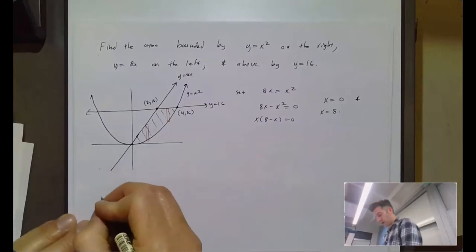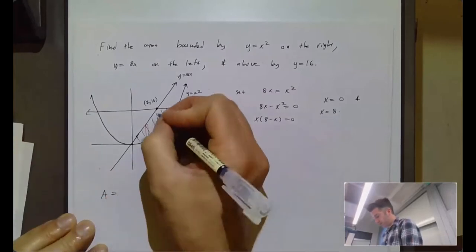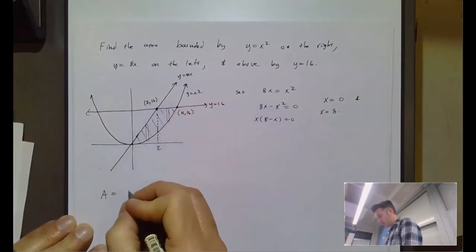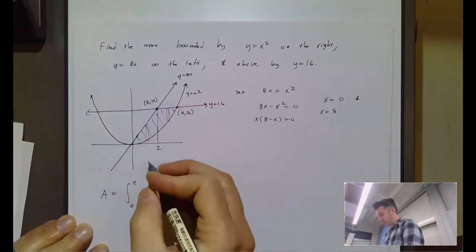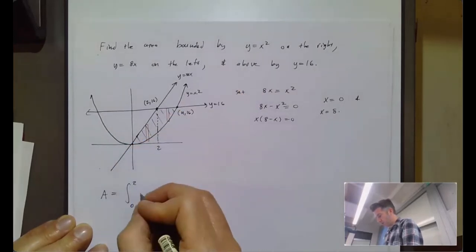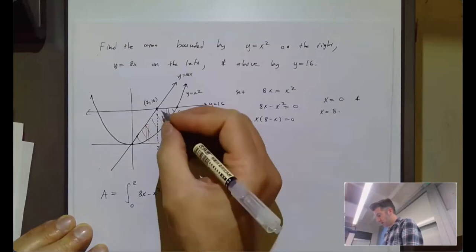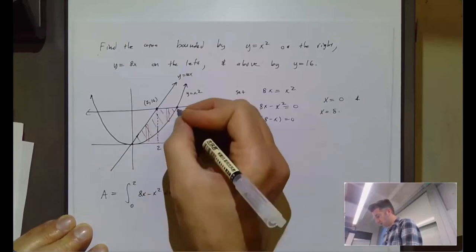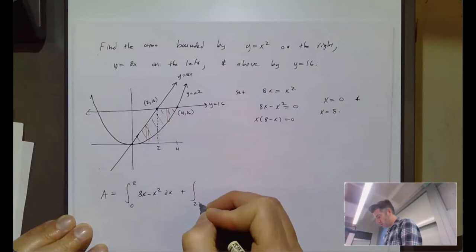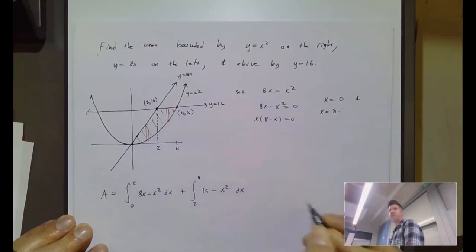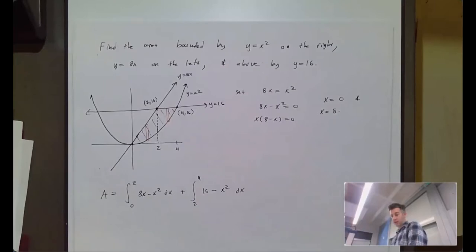So the area is going to equal the integral from 0 to 2 of the top minus the bottom, plus here the integral from 2 to 4 of the top minus the bottom. And that's how we can calculate this.